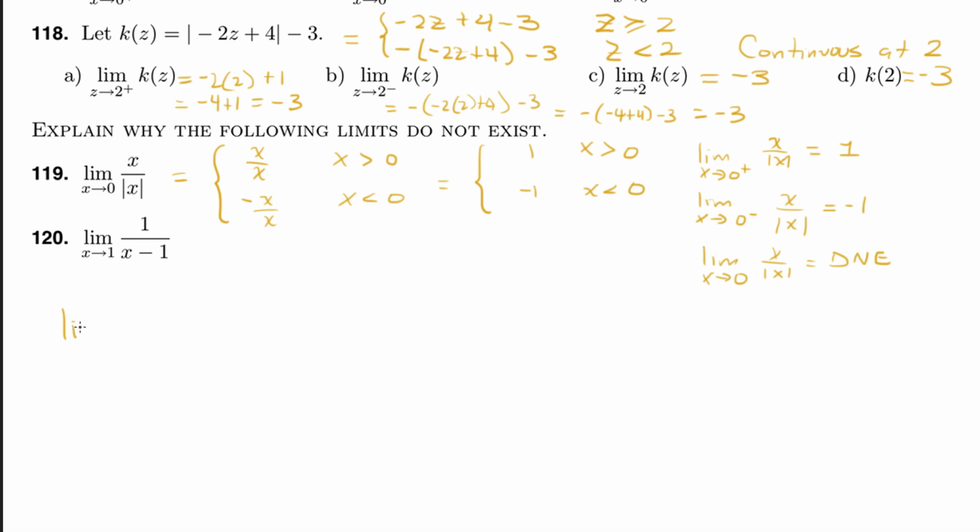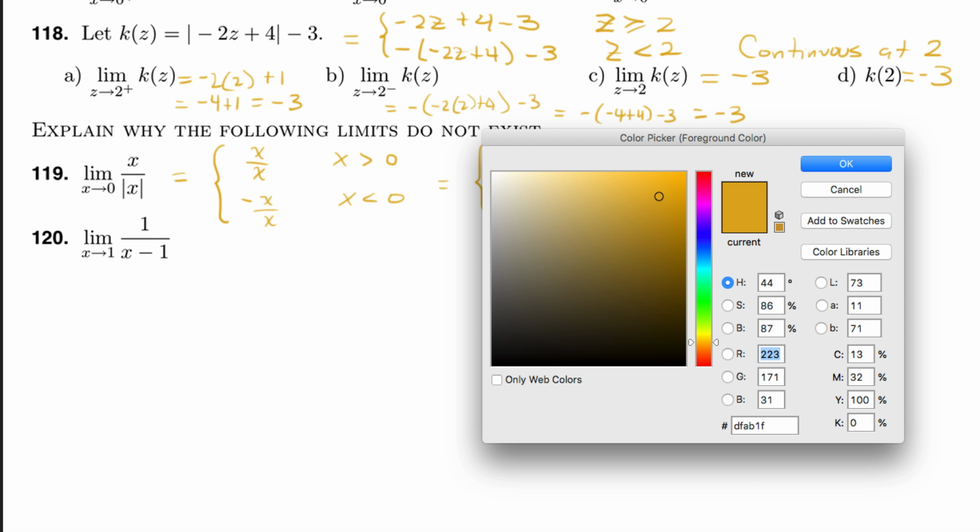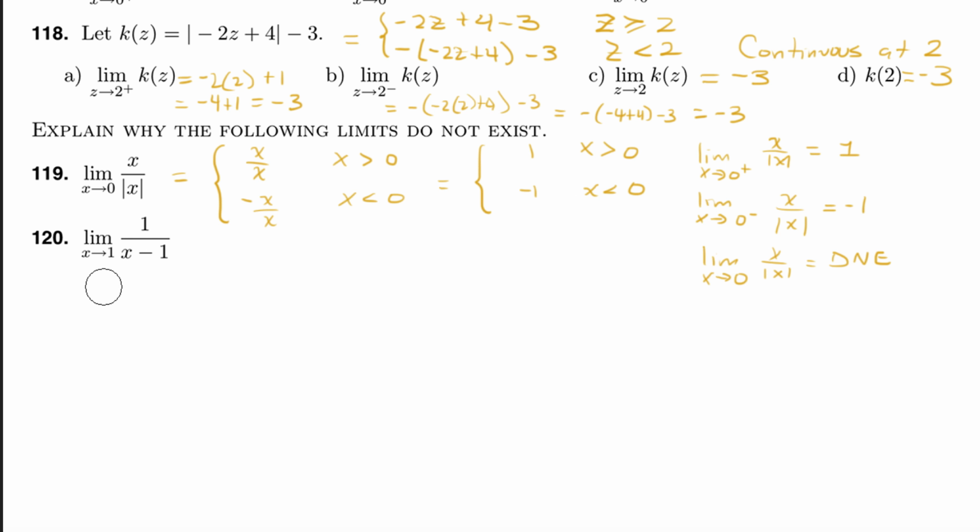So, let me use a different color. I've been using already too much peach. Oh, thank you. So, when x approaches 1 from the right of 1 over x minus 1, what is that equal to?